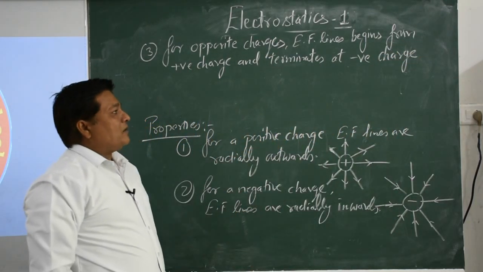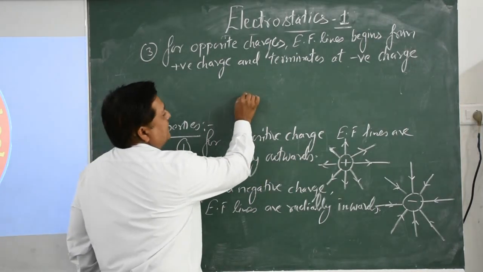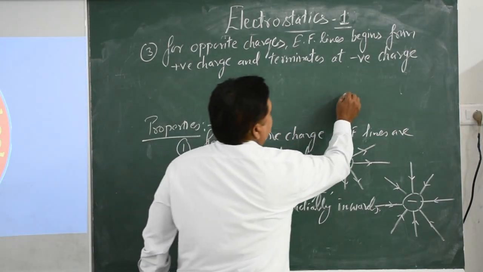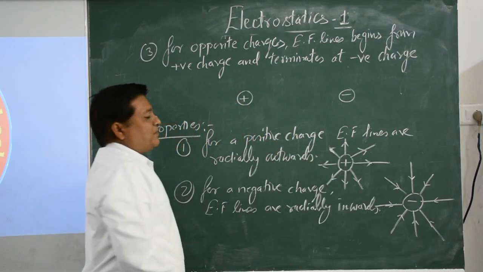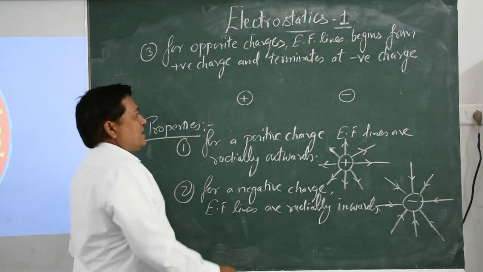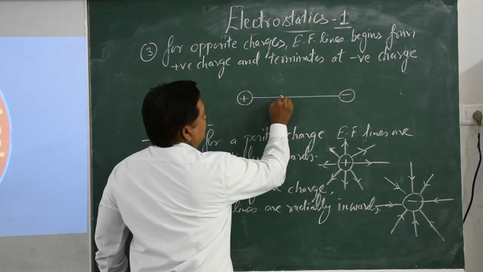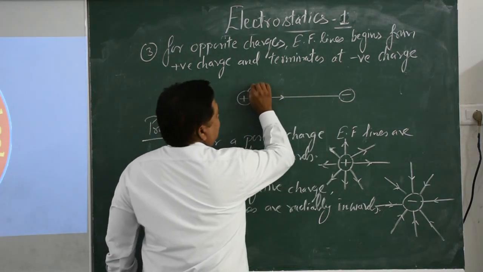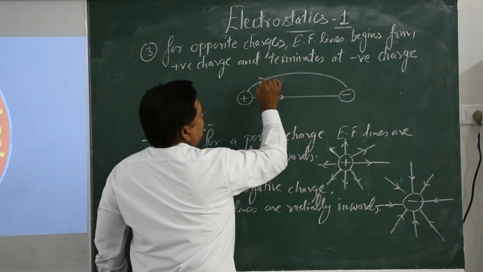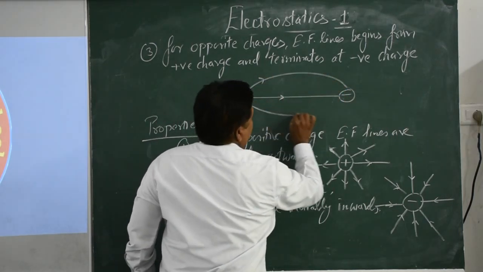So symbolically, how can we explain it? We have to take two charges, positive and negative charges there. Suppose this is positive charge and this is negative charge. The electric field lines begin from the positive charge and terminate at negative charge. Similarly, we can draw this here also.